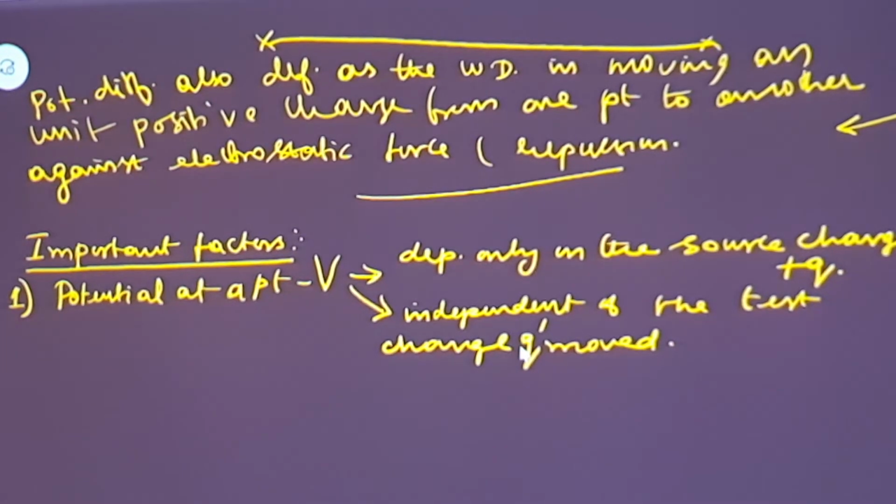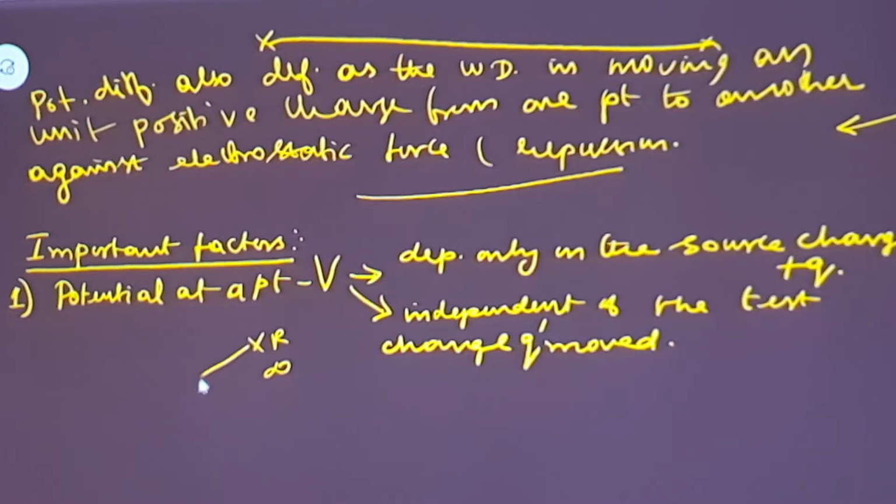If the test charge is moved from infinity to the point P, then we have to use an external agency. That external agency should not give any kinetic energy to the test charge. In order to find the potential V, I am taking the point R at infinity.